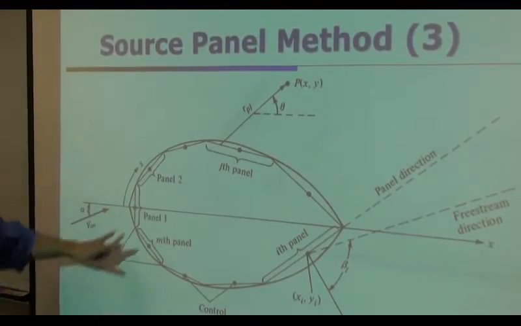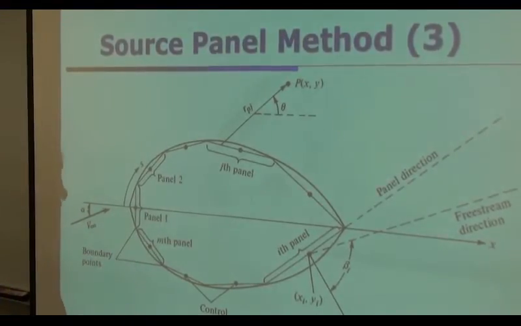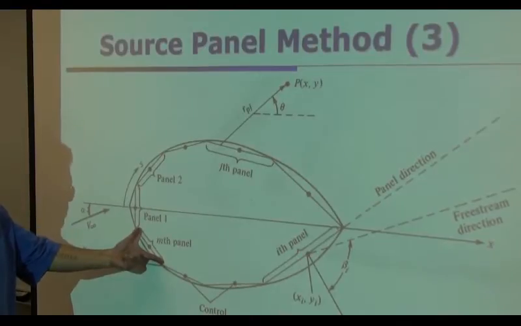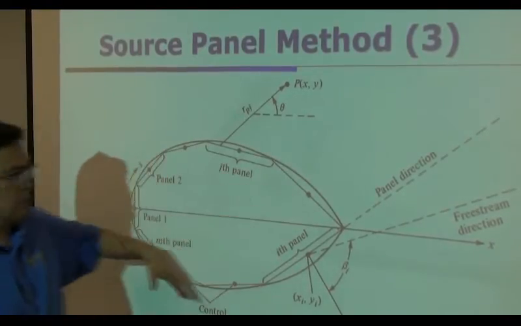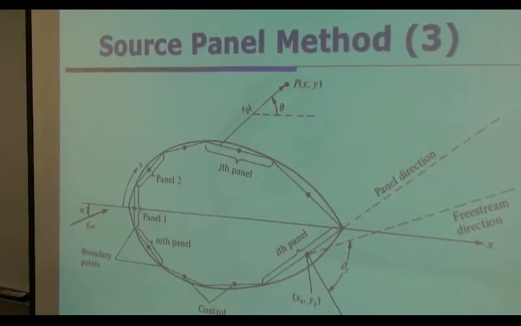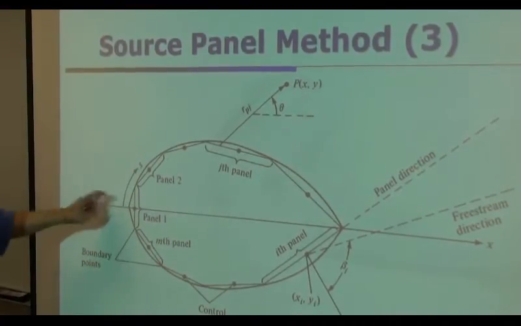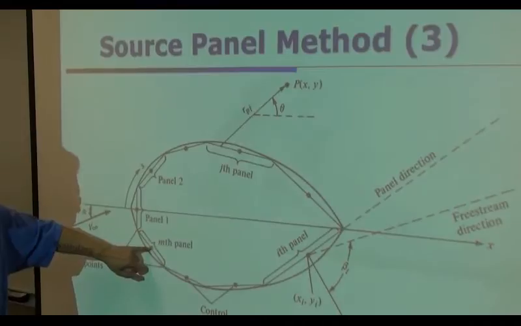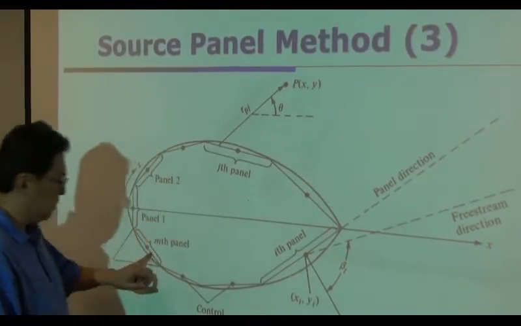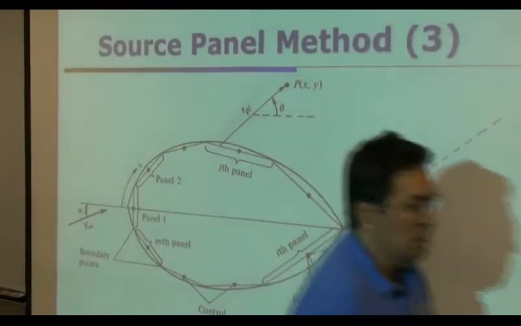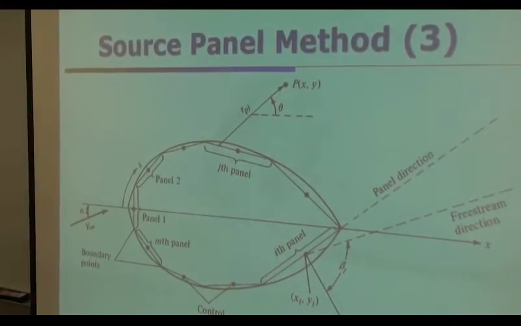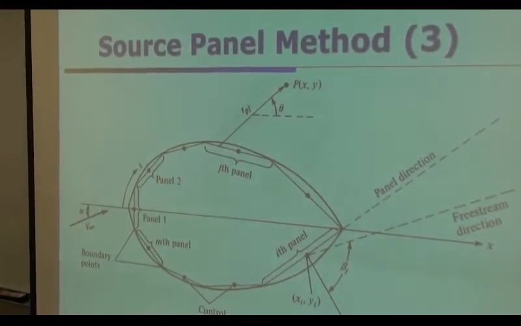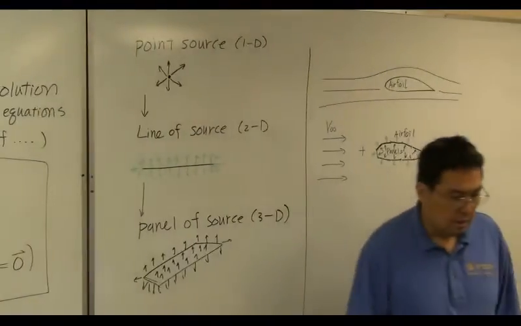So you are going to adjust the strength of each panel, which is lambda, and find the distribution of the strengths of each panel. That determines the CP, pressure coefficient, at each control point, which is the centroid of each panel. So you are going to determine the pressure coefficient distribution over the surface.